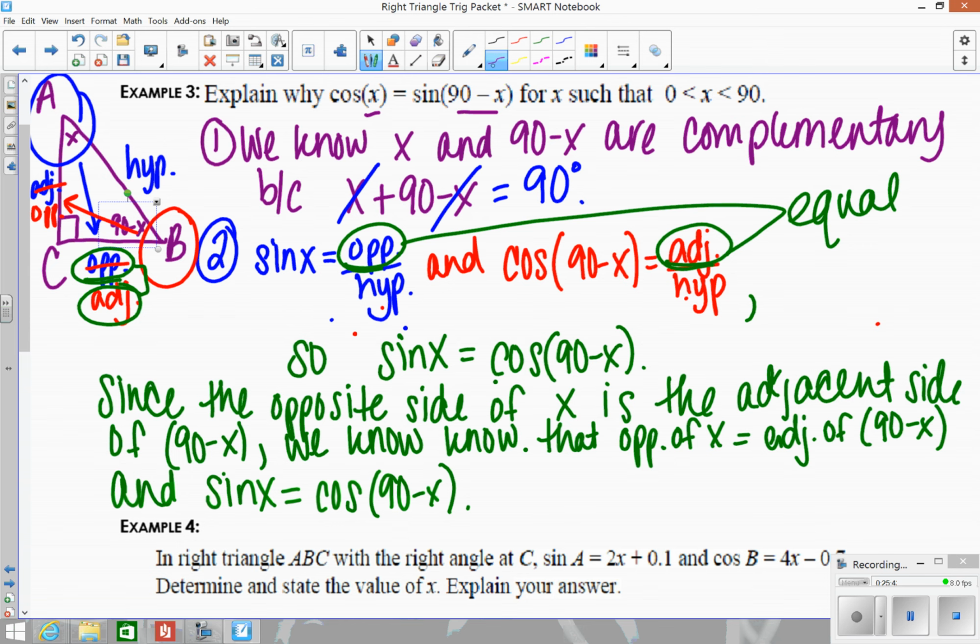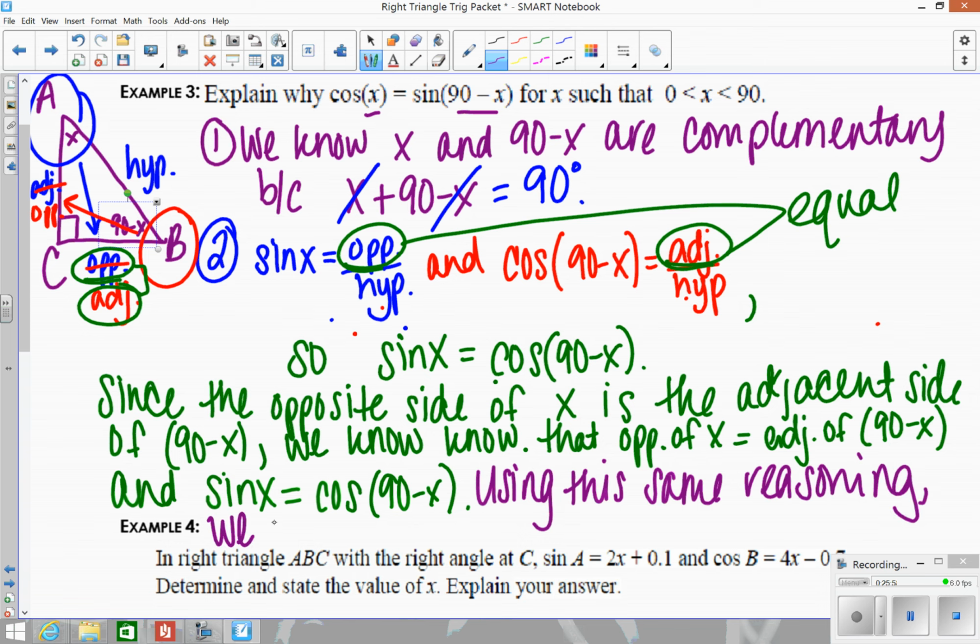Using this same reasoning, we also know that cosine of x equals sine of 90 minus x. So bottom line, the whole idea is that the adjacent of one of the angles is the opposite of the other. That's why it works, because then the two ratios end up being the same.